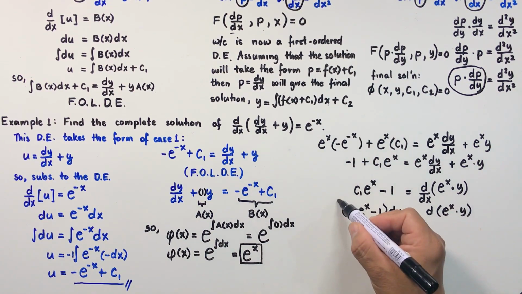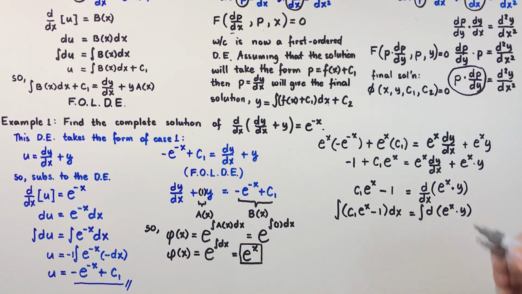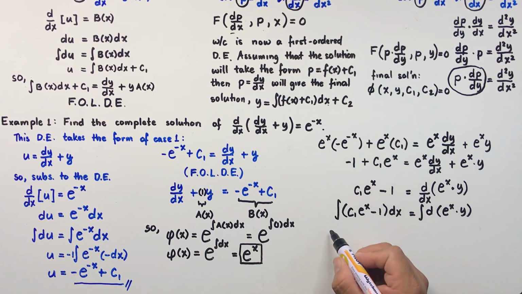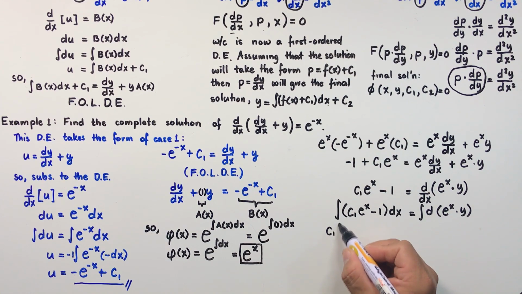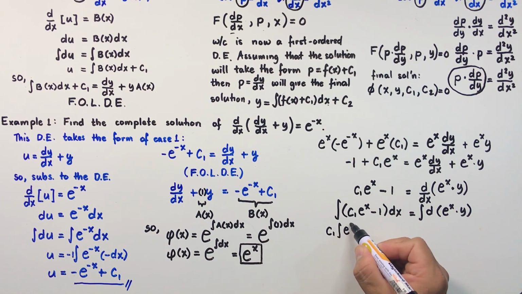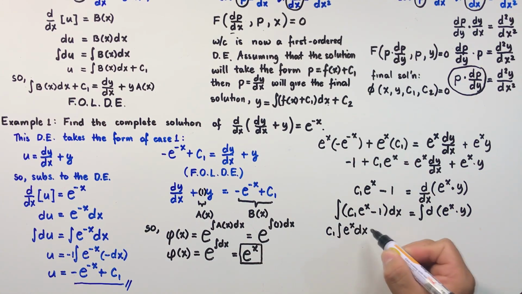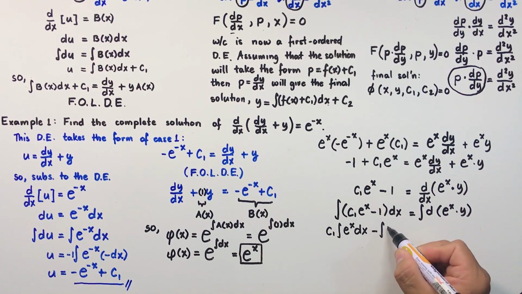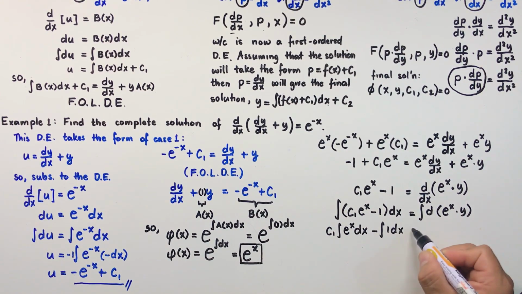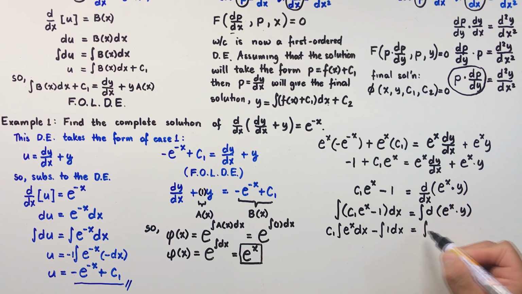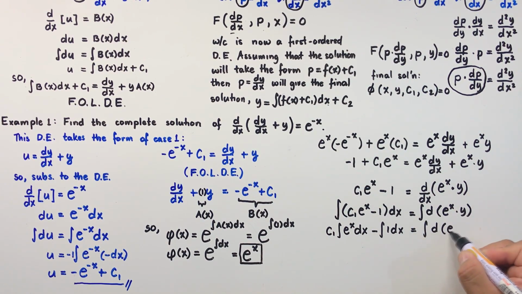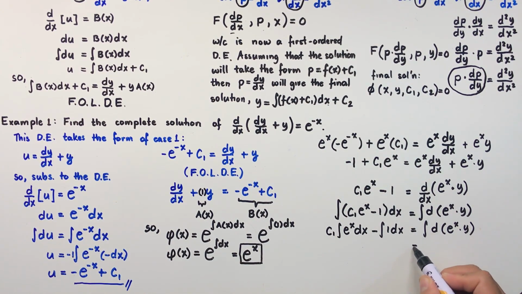And integrating both sides of the equation, we have c sub 1 times the integral of e to the x dx minus the integral of 1 dx, which is equal to the integral of the differential of e to the x times y. And we know that the integral of the differential cancels each other. So this is e to the x times y.